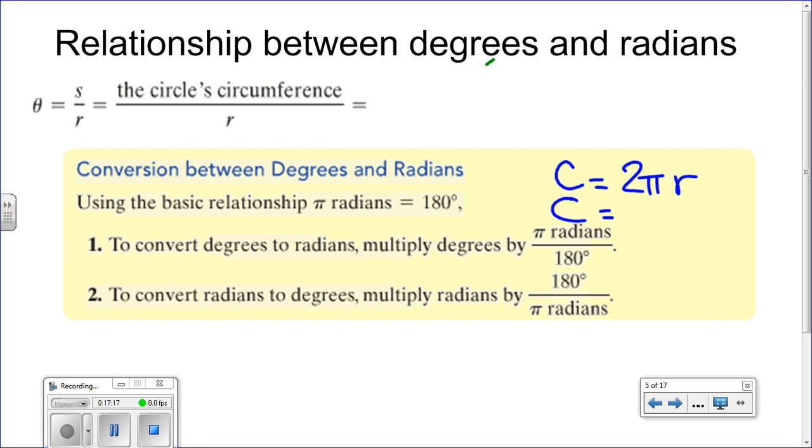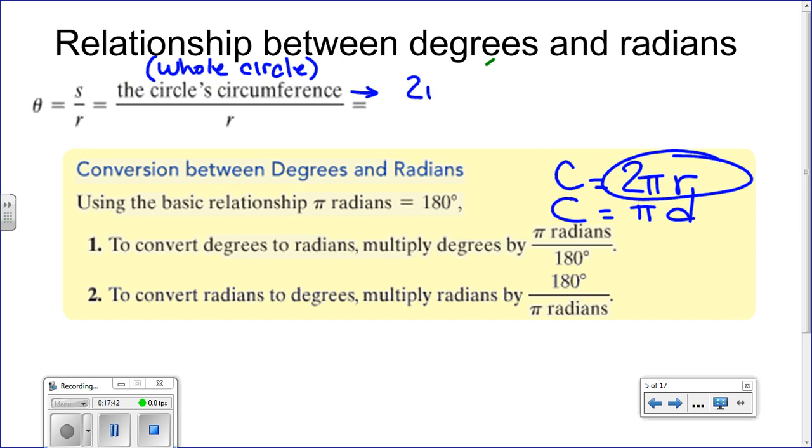Or we say sometimes pi times diameter, right? Yes. Either way. So if I tell you of a whole circle, the arc length of the circumference, we're going to use this, 2 pi r. Right here for the arc length, in here, 2 pi r.